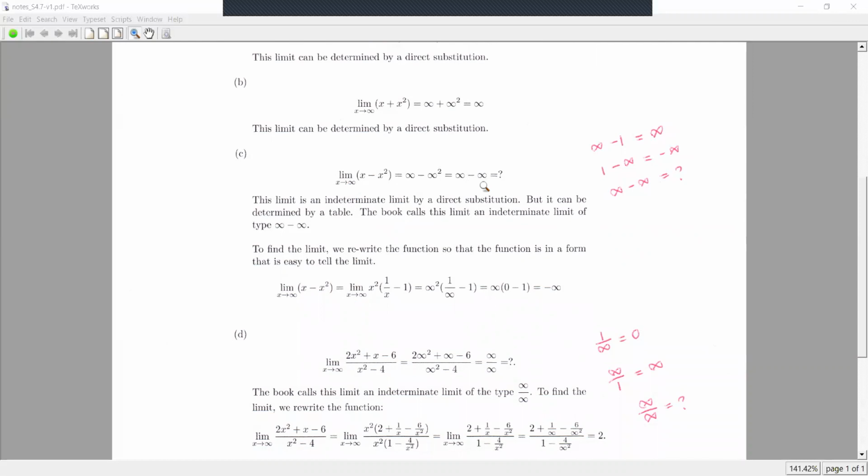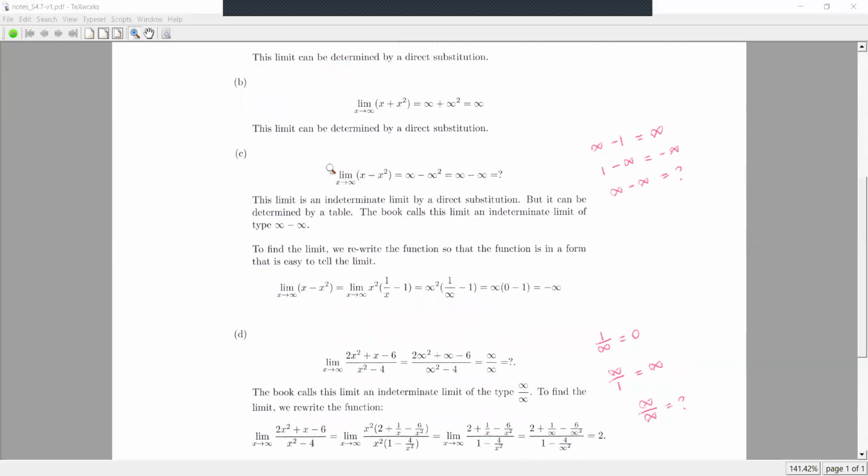It can be any number depending on the problem. Infinity minus a finite number, we can tell it is infinity. A finite number minus infinity, also easy to tell. It is negative infinity. Now, infinity minus infinity, difficult to tell.